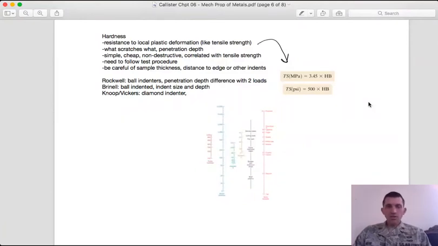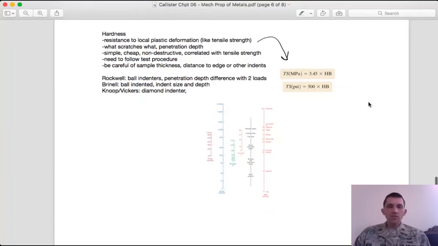But in our sense, what we're actually looking at is local plastic deformation, and it's usually measured in terms of some penetration depth into a material from an indenter of some type. So we apply force to some indentation probe, and we measure how much it indented into a particular material.